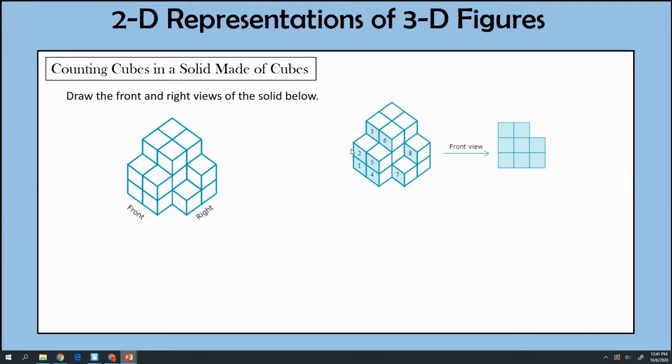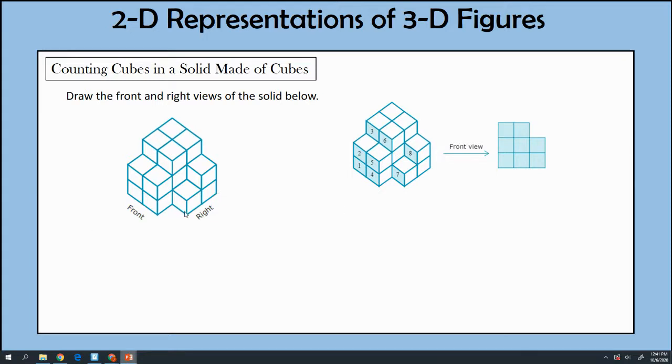Well, if you looked at it from the front, you would see these cubes, one, two, three on the left, four, five, six stacked here, and then seven and eight kind of stacked over there. So as you look at it dead on from the front, this would be what you would see. Three, three, two.